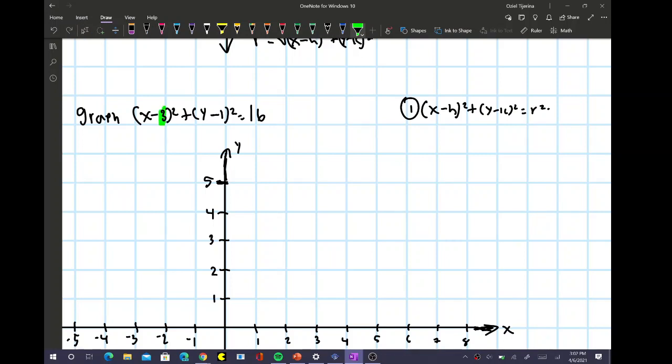If we look at just the h part, h is 3, so we have h equals 3, right? And then right here, ignoring the negative, because we're looking at just the k part, the h and the k, we have k equals 1, right?